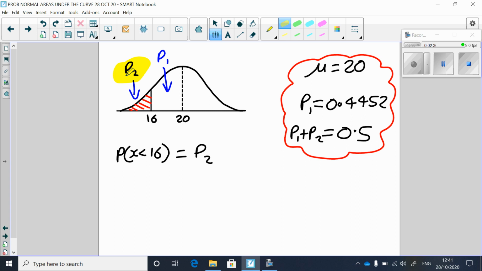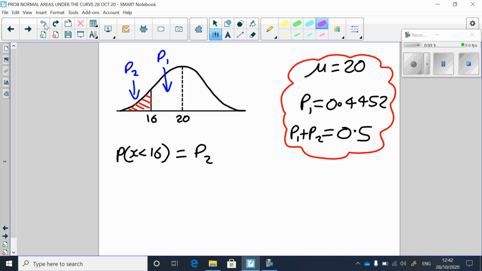I can't get that unless I get P1, because P1 and P2 add up to exactly a half. When you're using the table, all the values they give you are coming away from the curve's mean. So here I need to calculate P1, which I've already done.